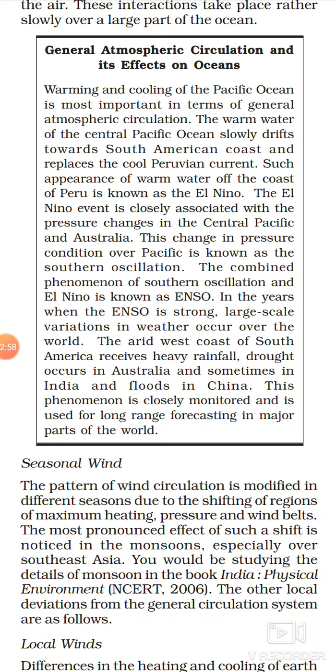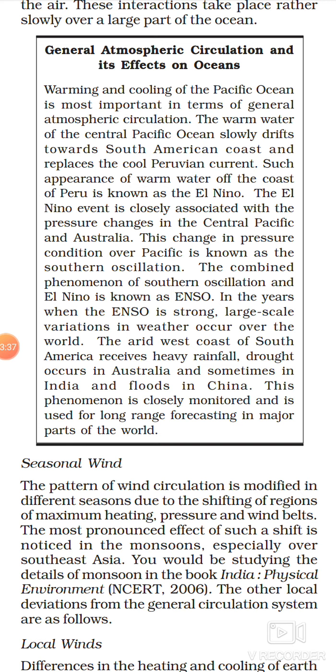The El Nino event is actually associated with the pressure changes in the Central Pacific and Australia. A change in pressure condition over the Pacific is known as the Southern Oscillation. The combined phenomena of Southern Oscillation and El Nino is called ENSO. The pressure gradient in the Central Pacific and Australia is the event which is closely associated with El Nino, and the change in the pressure condition over the Pacific is called the Southern Oscillation.